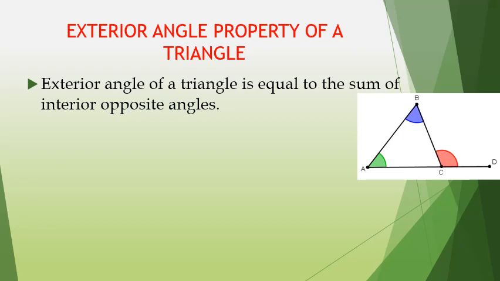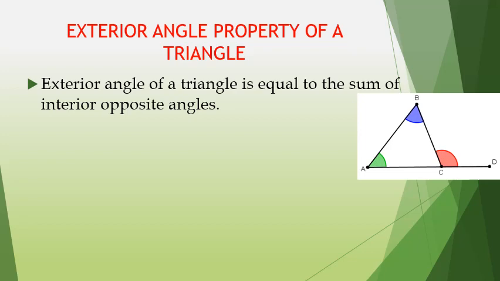You have studied that at each vertex we will get 2 exterior angles. Total 6 exterior angles are there in a triangle. Here we are considering only one exterior angle, represented by red color. That is, angle BCD is the exterior angle of triangle ABC.